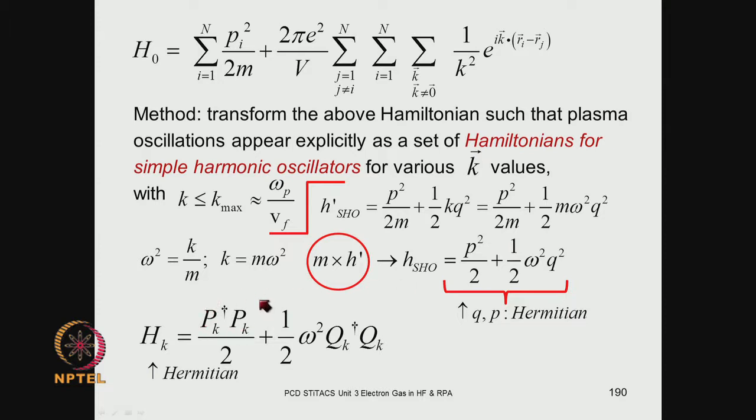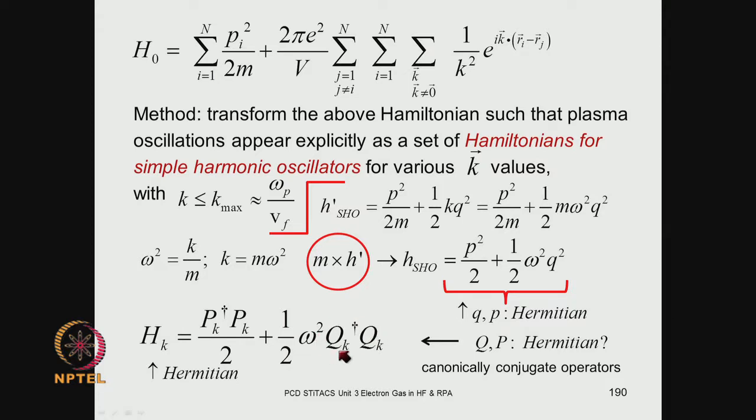It is made up of new momentum operators P and new coordinate operators Q. So, this is the canonical transformation from small q, small p to capital Q, capital P. So, there are new coordinate and momentum operators such that you have an expression for a harmonic oscillator.